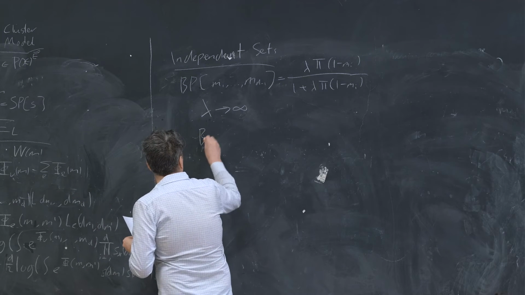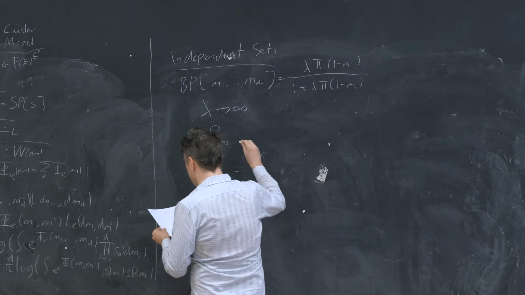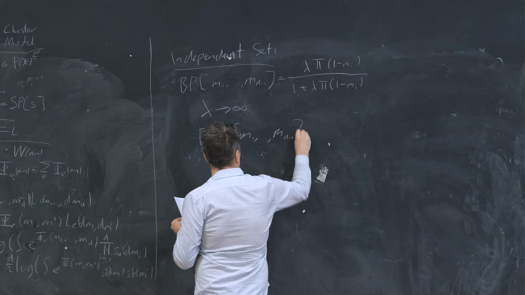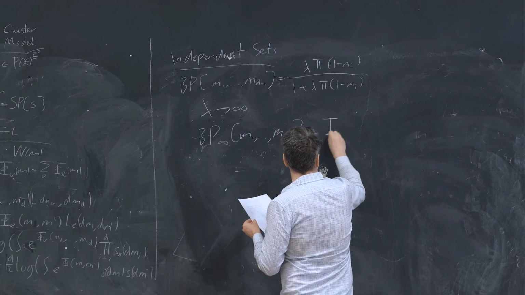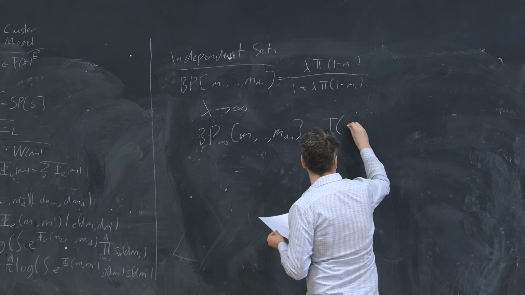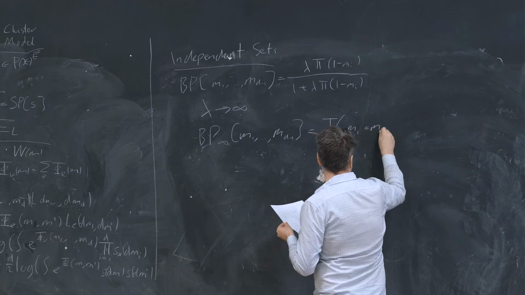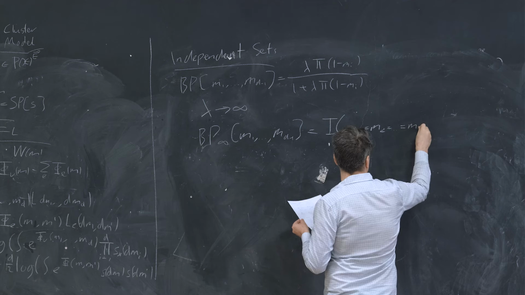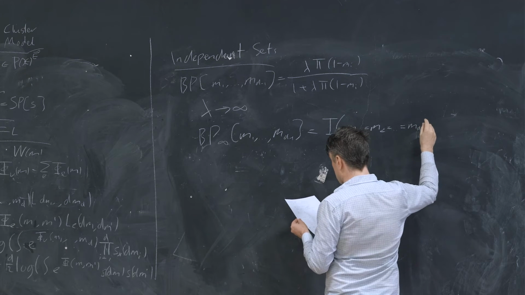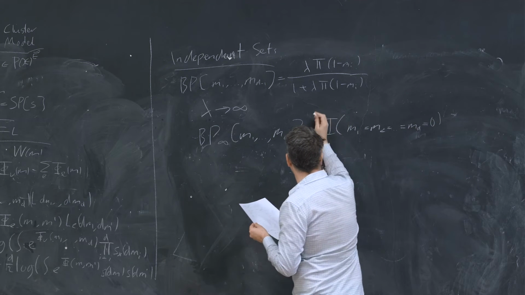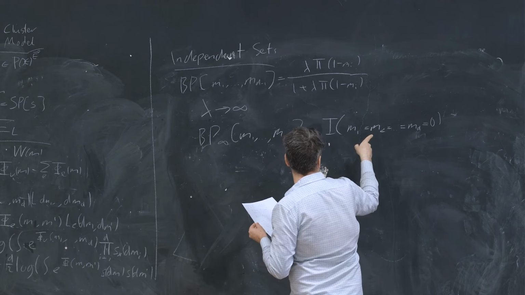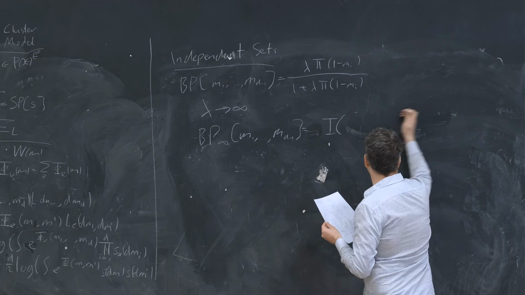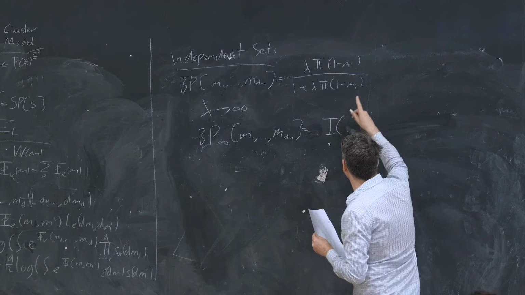So BP of infinity, you could just think of this as the indicator of, actually, okay, I wrote this down the wrong way in my notes.